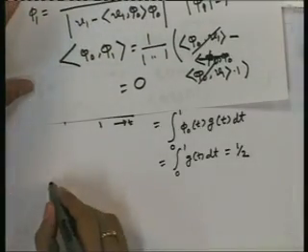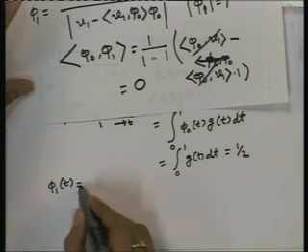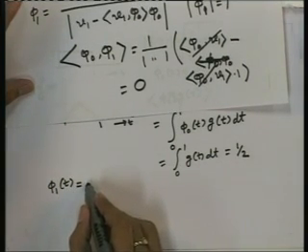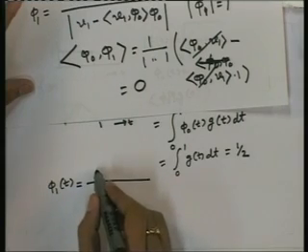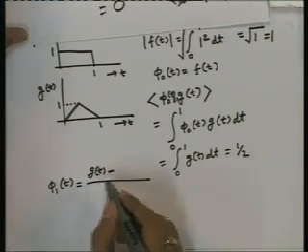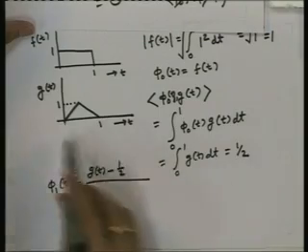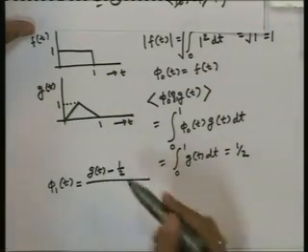So the second signal phi 1 t will be g t minus the inner product, half, times phi naught, which is f t by the length.